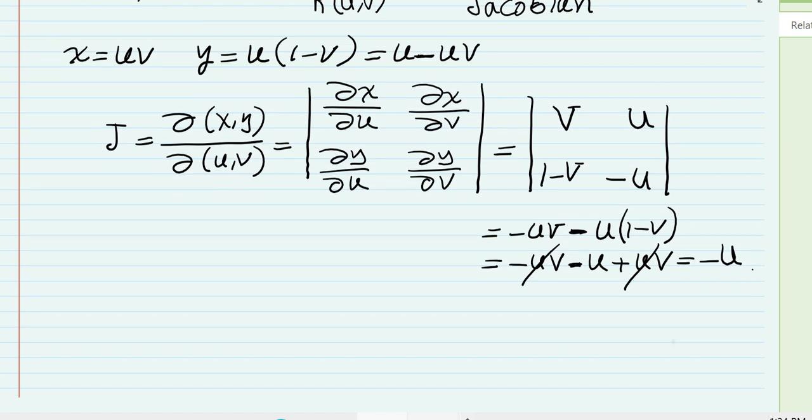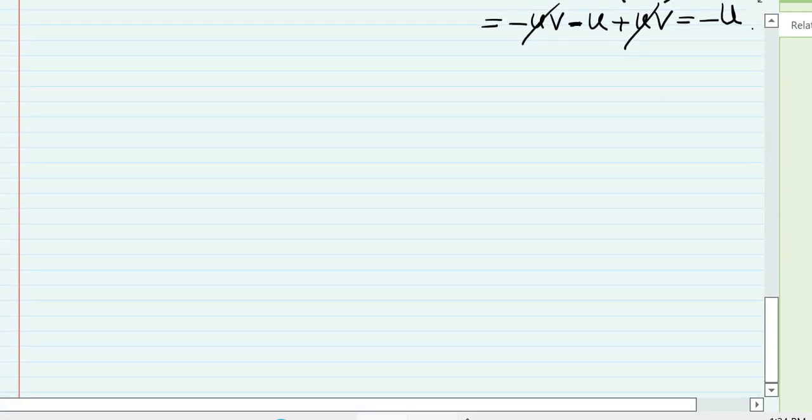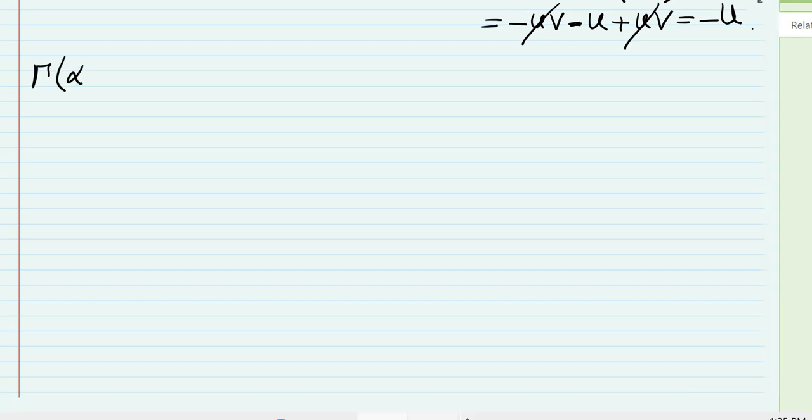Now we're going to carry all of this to our double integral. Therefore, gamma of alpha times gamma of beta is going to give us the double integral. I'm going to go with u first, v second. The limits of integration on v are 0 to 1, and the limits of integration on u were 0 to infinity.